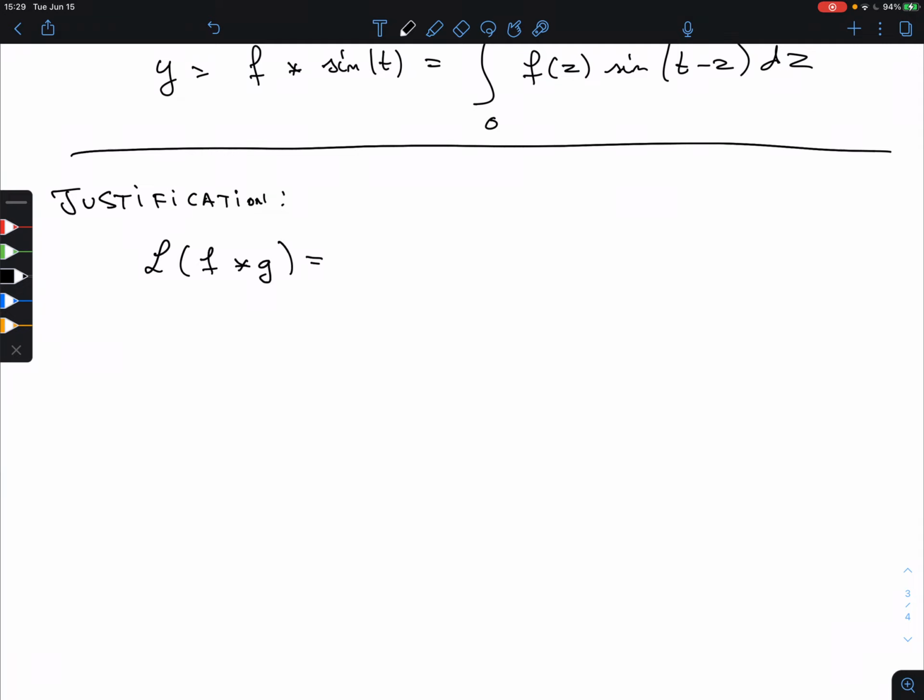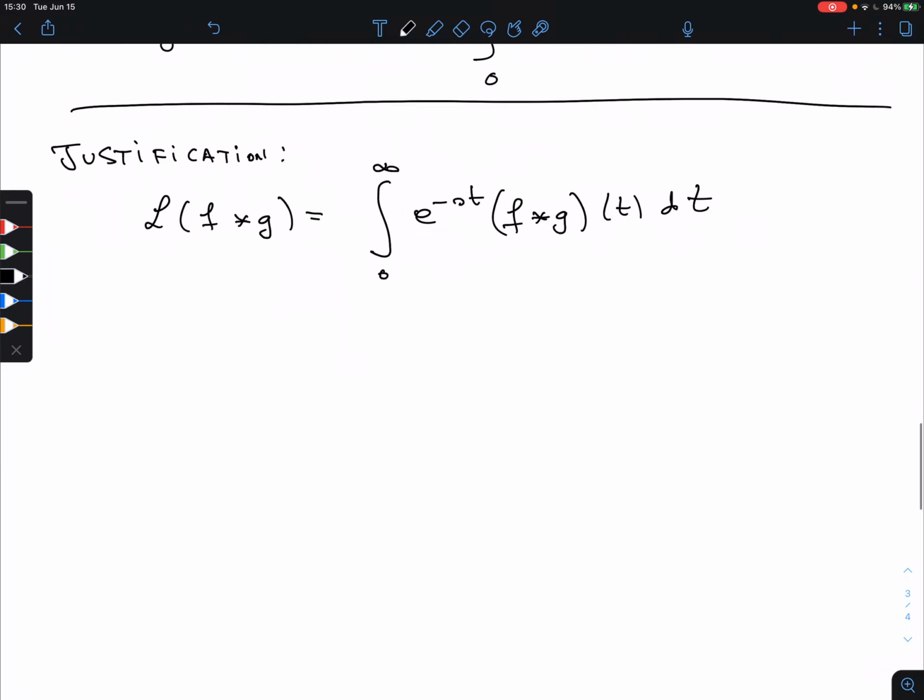By definition, the Laplace transform is an improper integral: the integral of e to the minus st times f star g (t) dt. So far so good, right? But now what is f star g? Well, f star g is actually also an integral, so it's an integral inside an integral. This is the integral from 0 to t of f(z) times g(t minus z) dz.